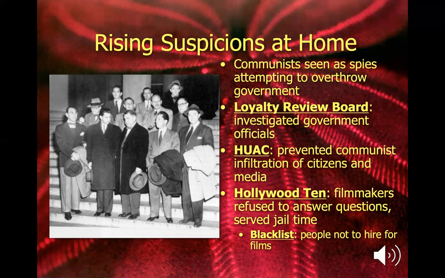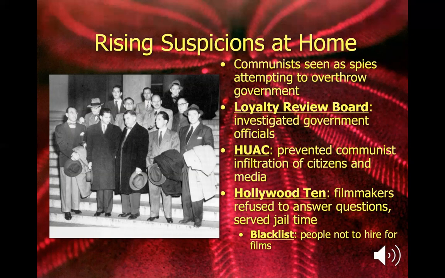And that brings us to the Hollywood 10. The Hollywood 10 were a group of filmmakers, and they just flat out refused to answer some of the questions that were being asked of them and their ties to the Communist Party. No one really ever had any evidence, but they just refused to answer the questions. And because of that, they actually were thrown in jail. Now, if we think about our American values that we came up with at the beginning of the semester, this goes directly against those American values.